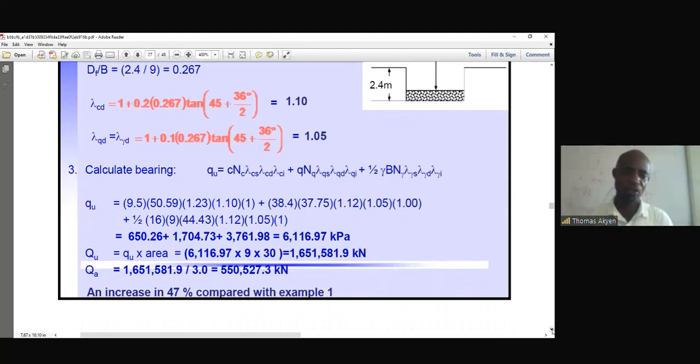When you finish this calculation, you calculate the ultimate bearing capacity, which is the bearing capacity times the area, which gives us 1,581.9 divided by 3.0, giving us 5,527.3 kN.